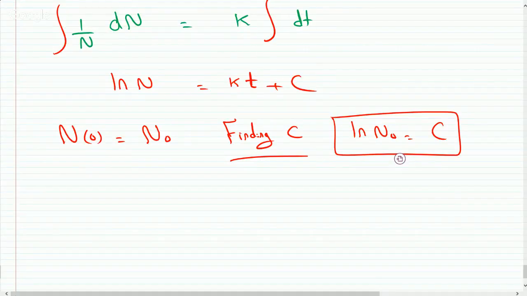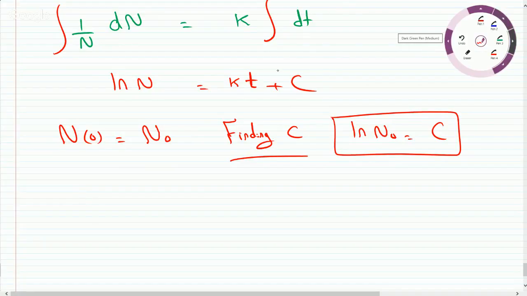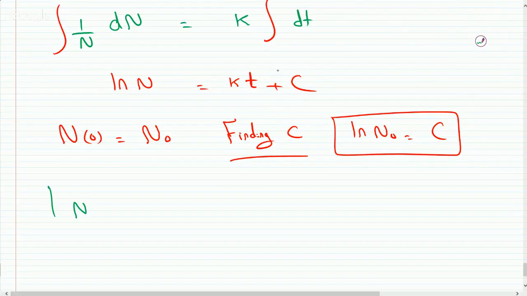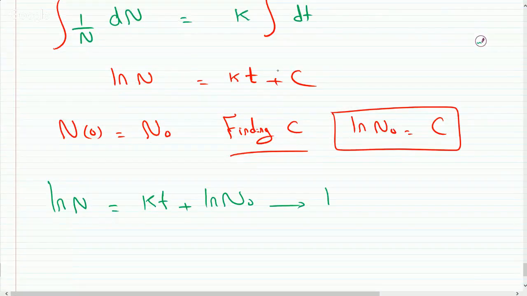So C equals ln N0, plug it back in, we get ln N equals kt plus ln N0. Bring ln N0 to the left, so we will get ln N minus ln N0 equals kt.